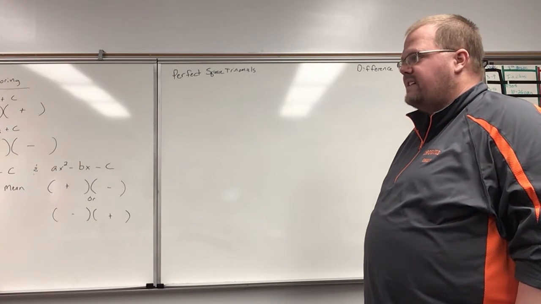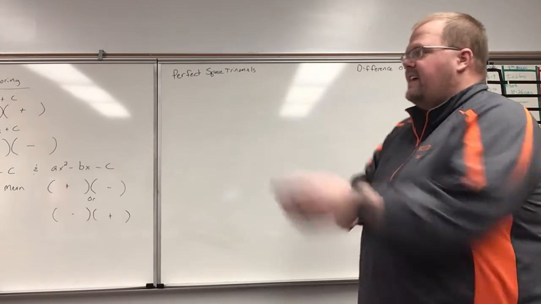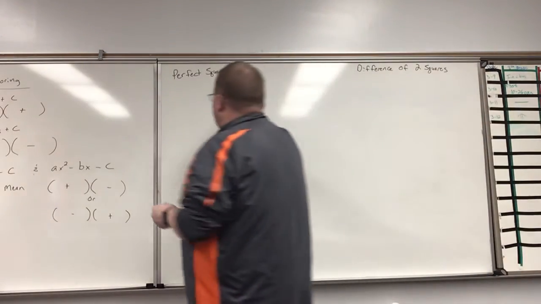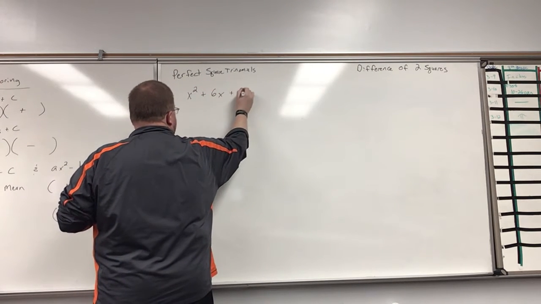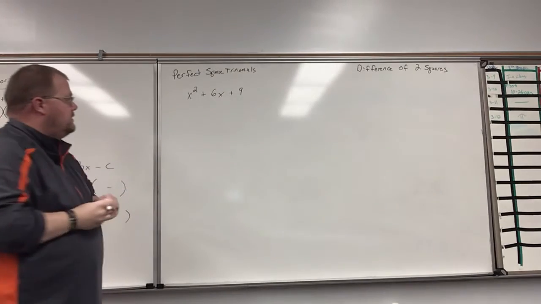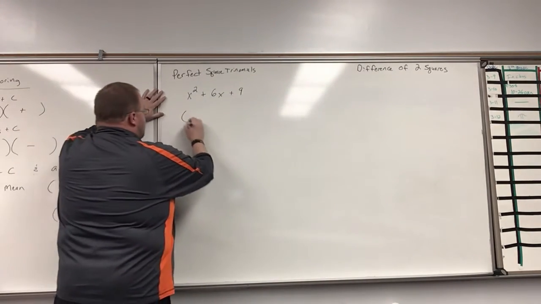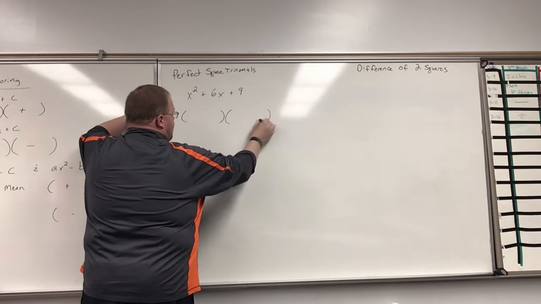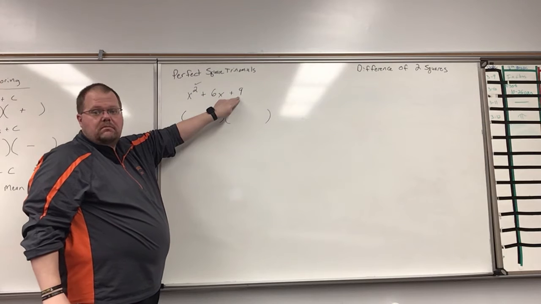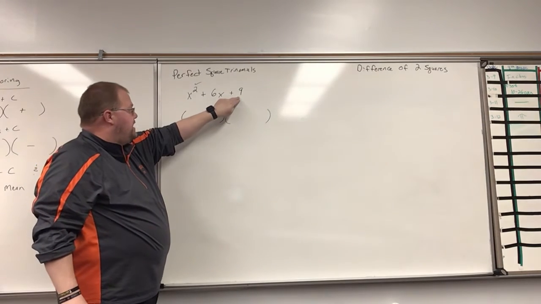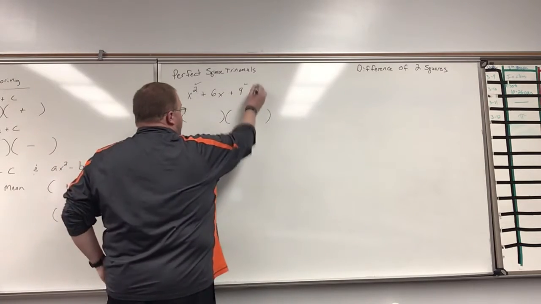So let's do an example. If I said x squared plus 6x plus 9. We just got done saying that x squared is a perfect square, so check, that's a square. 9 is 3 times 3. It's a perfect square. Check.